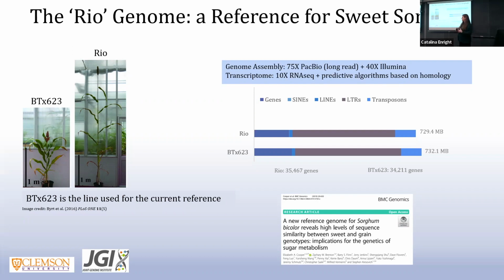So while I was in Steve's lab at Clemson as a postdoc, we generated a de novo assembly for the Rio genome. Rio is this historically important sweet line that's been around for a while. And once we assembled it, what we found was Rio and BTX623 are quite similar in terms of their overall size, structure, and gene content.